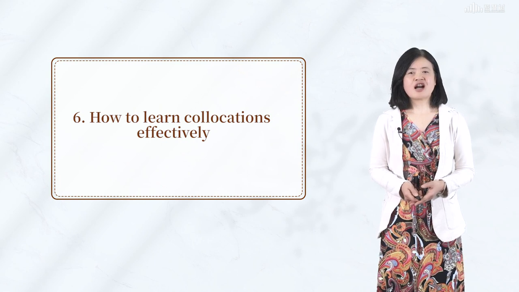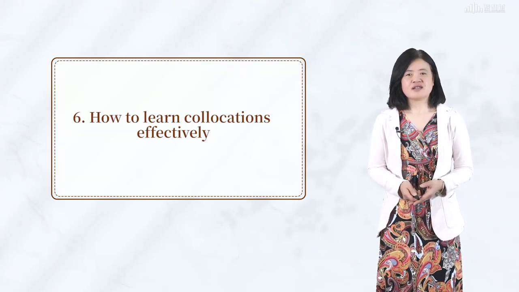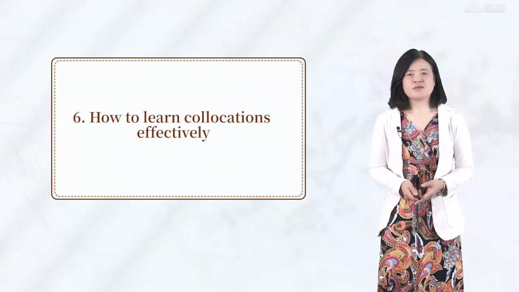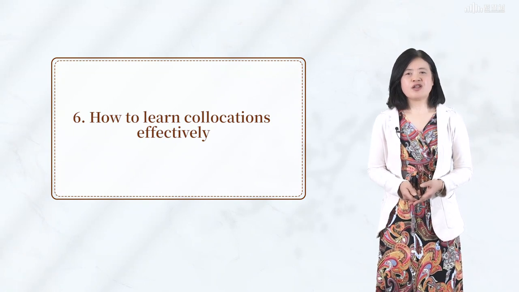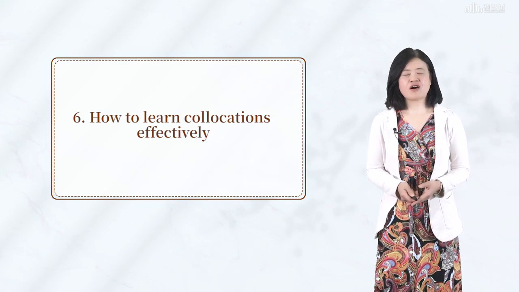It's sometimes hard to explain why two words go together. So more often than not, we just have to try and remember them. However, we offer a few suggestions below in the hope of helping you cope with the acquisition of collocations.